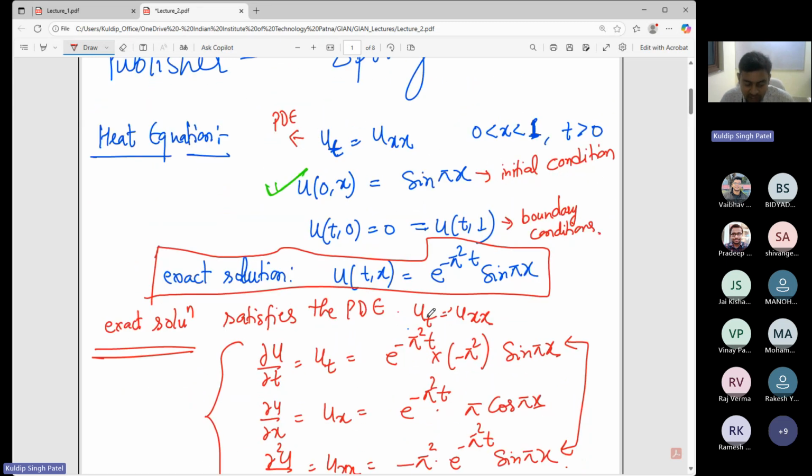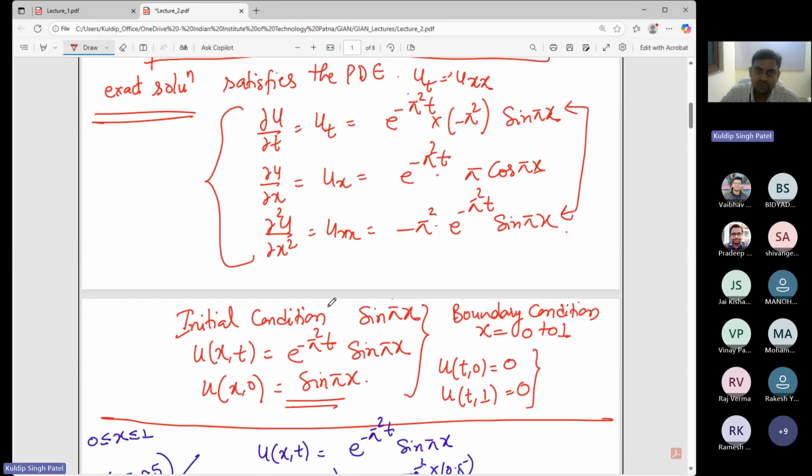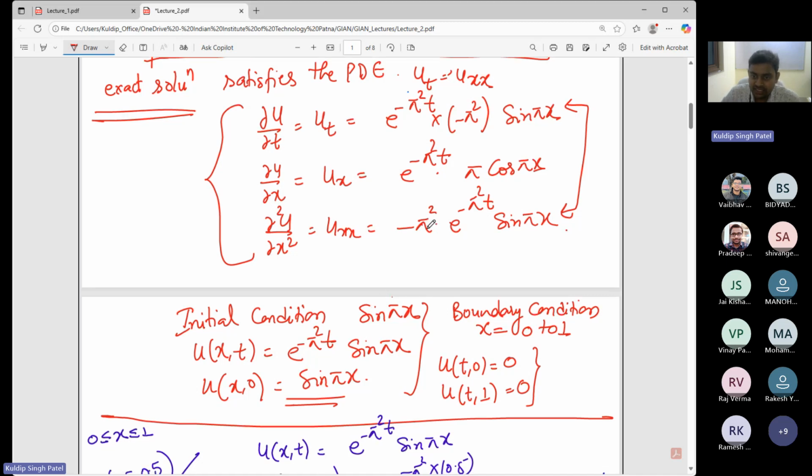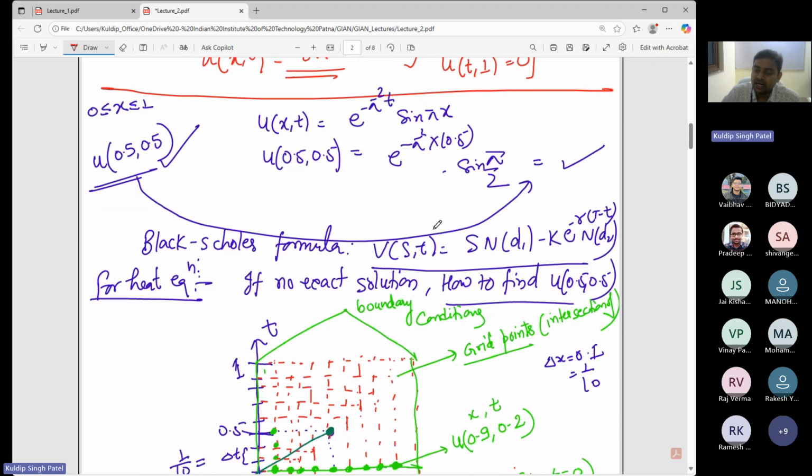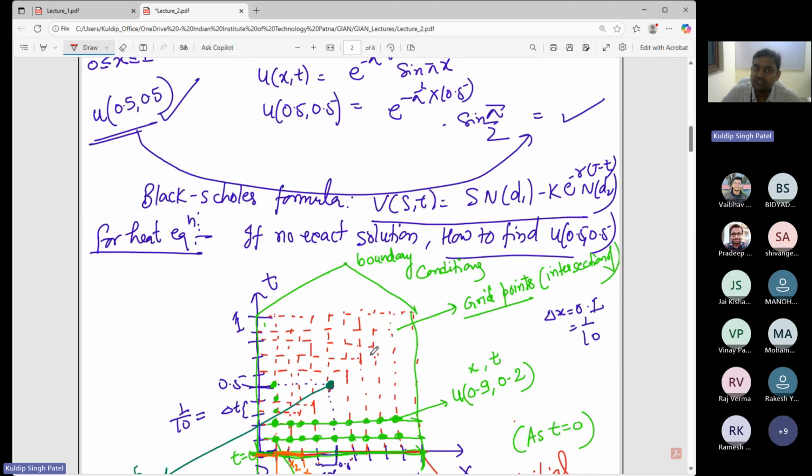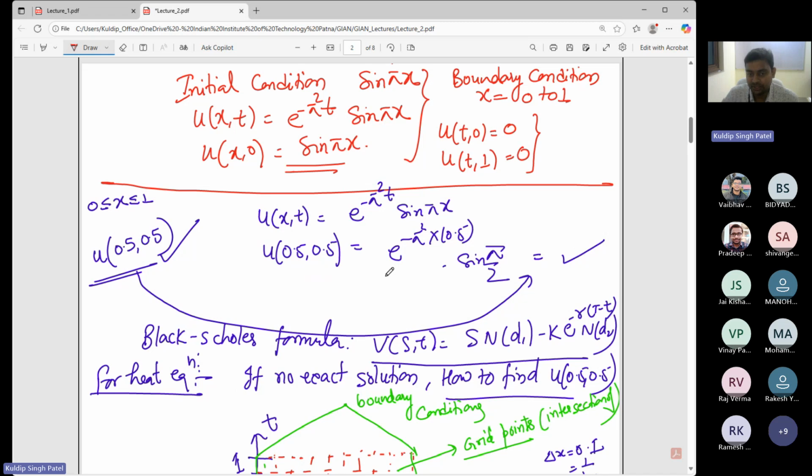Because we will figure out the numerical solution of this heat equation by a finite difference method, then compare our numerical solution with the exact solution and see what the error is. Then we saw that the exact solution satisfies the PDE, initial condition, and boundary conditions. And then we started to understand how the finite difference method is applied to the heat equation.